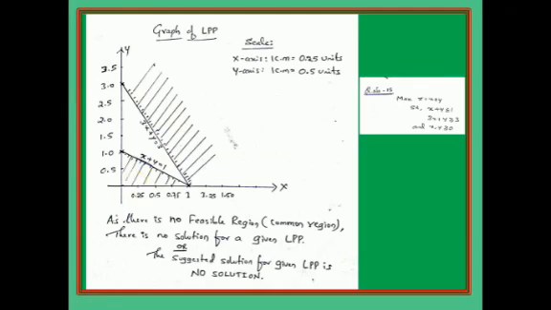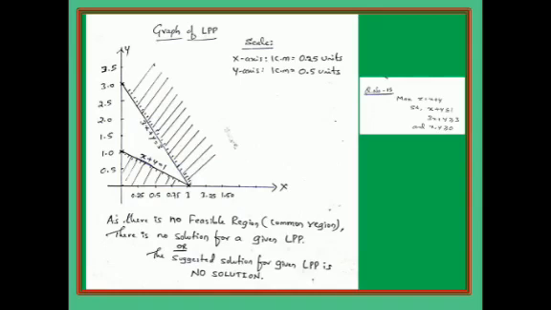No, obviously, because for this equation we go towards the origin, for the other equation away from the origin. How can we observe a common area between these two constraints? So common area is not there. What does it mean? Feasible region is not there.